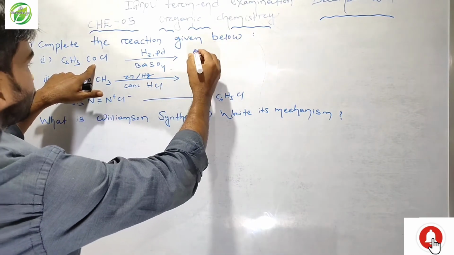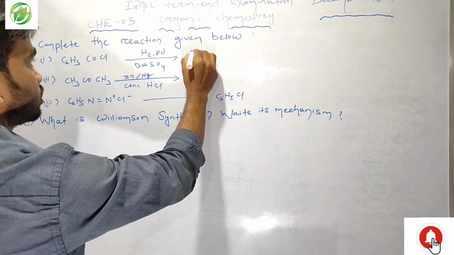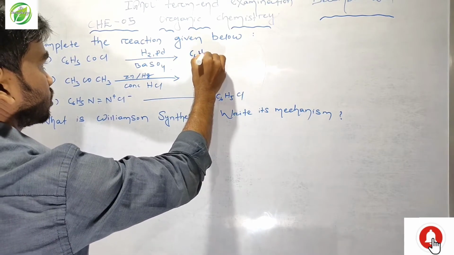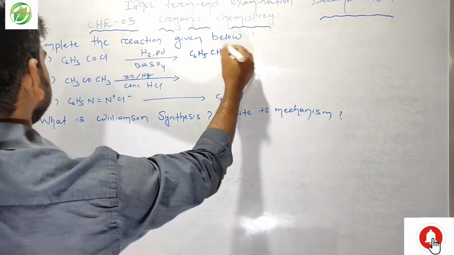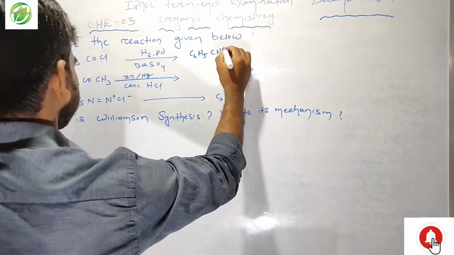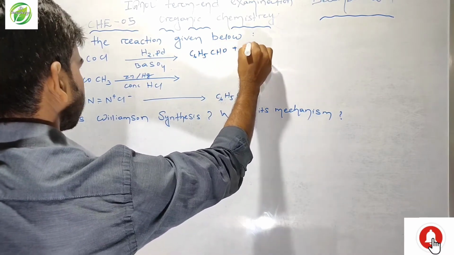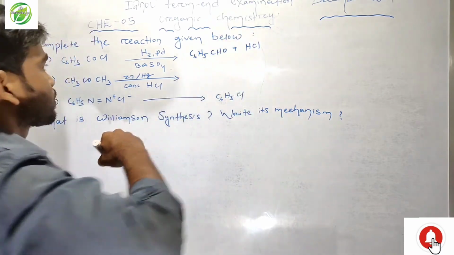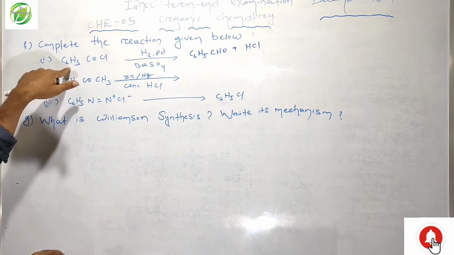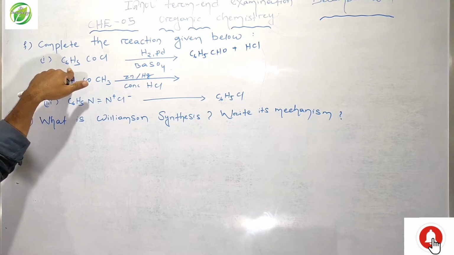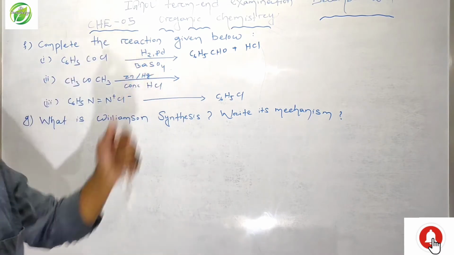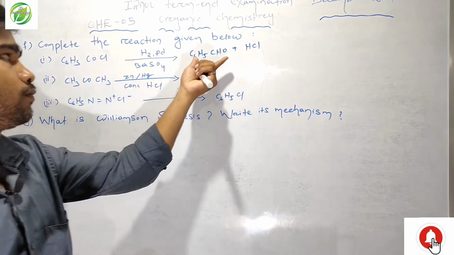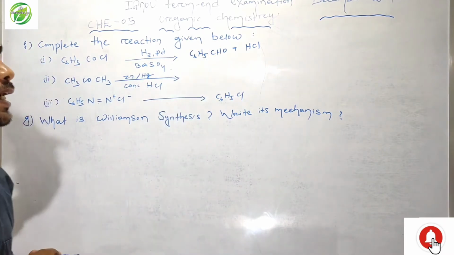The resultant product formed is an aldehyde. Friends, when this acid chloride reacts with palladium on BaSO4, the Rosenmund reaction takes place and forms the aldehyde product.